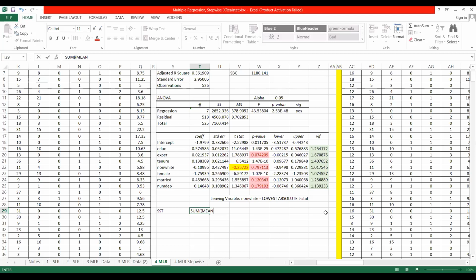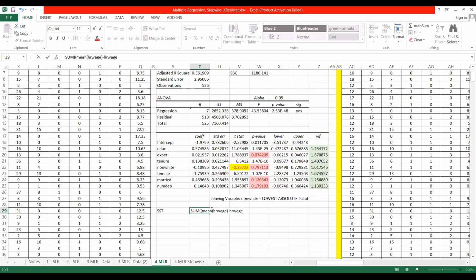Yung mean ng DV natin, which is hourly wage, minus yung hourly wage natin.